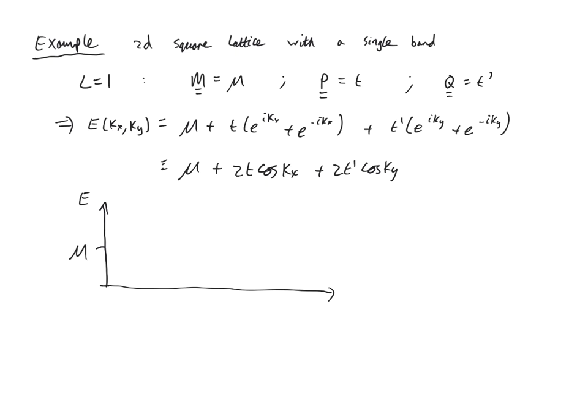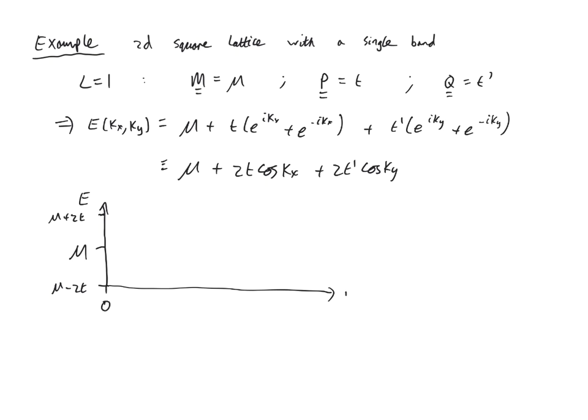We'll consider mu being the chemical potential in the middle, and we have a band of states between mu minus 2t and mu plus 2t, because these cosines can take a maximum value of either plus or minus 1 in their magnitude. And then we can plot in momentum space. We can see that they're 2π periodic.